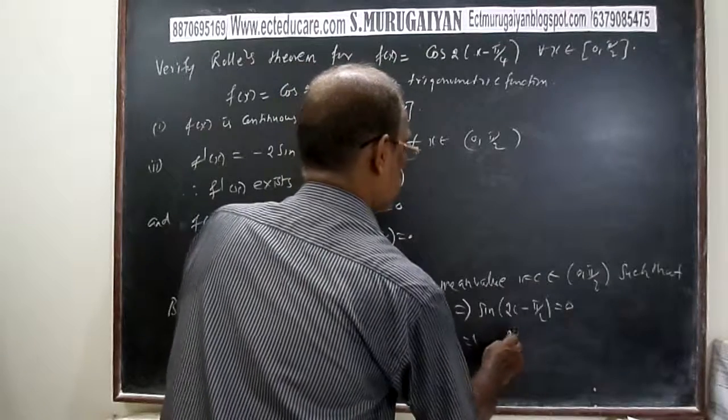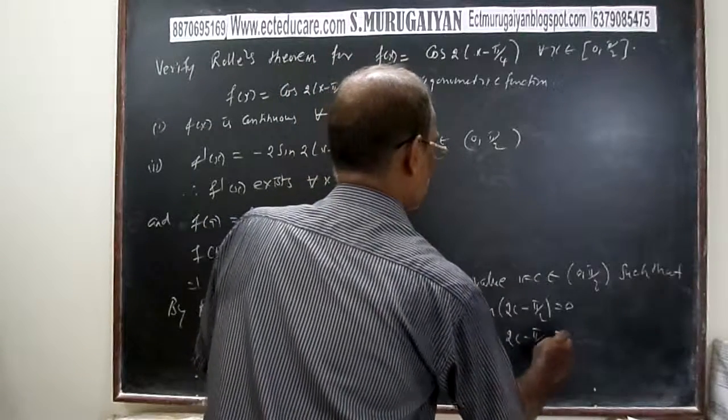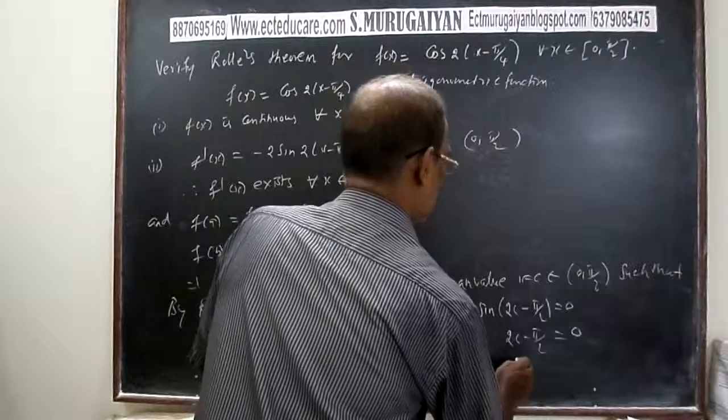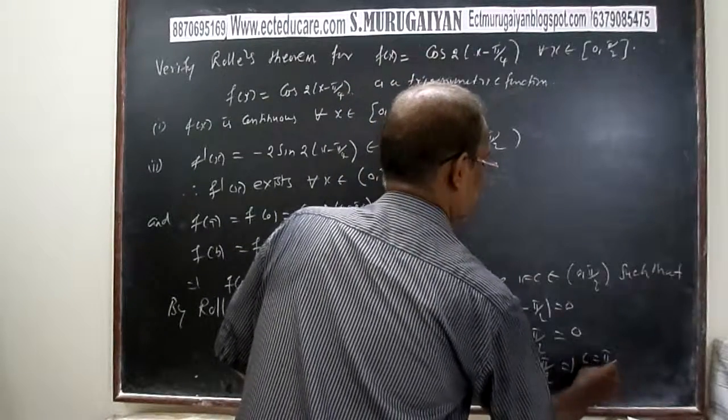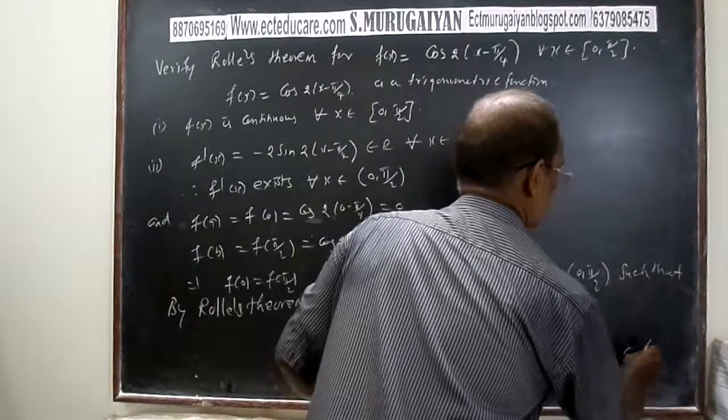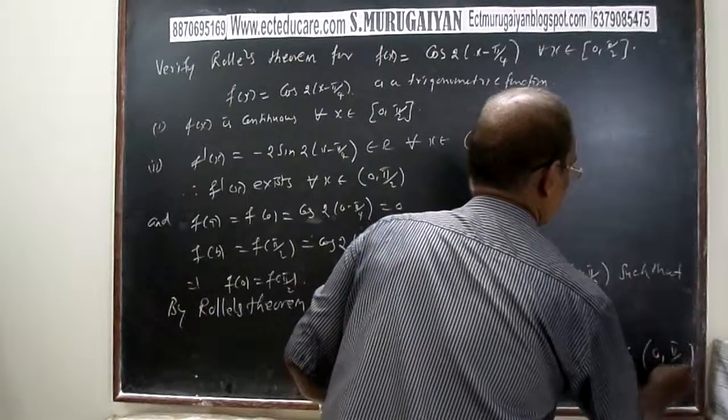So this implies 2c - π/2 must be 0, then 2c = π/2, and this implies c = π/4, which belongs to the open interval (0, π/2).